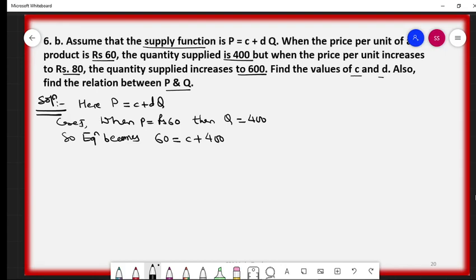Now equation second minus first: 80 equals C plus 600D, 60 equals C plus 400D. Subtract, this is 20 equal 200D, therefore D equal 0.1, 20 by 200 is that.